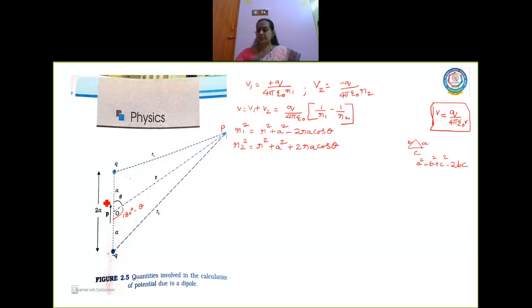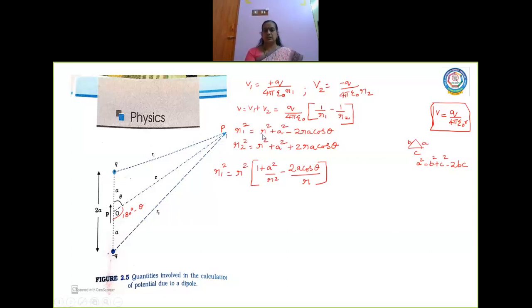Now in this first equation, I will write once again R1 square equal to, let me take this R square out. When I take R square out, it will be 1 plus A square by R square minus 2A cos theta by R. Is it clear? What I have done is I multiplied and divided this equation by R square.